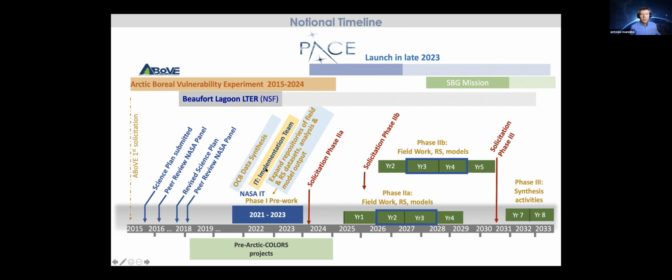But in that interim, we expect there to be this Phase 1 Arctic Colors activity, which is to expand data repositories, remote sensing data sets, and also modeling development and analysis. I would want to point out that NASA has been supporting a number of projects that fall under pre-Arctic Colors, and then just the notional schedule for field work and other research activities.